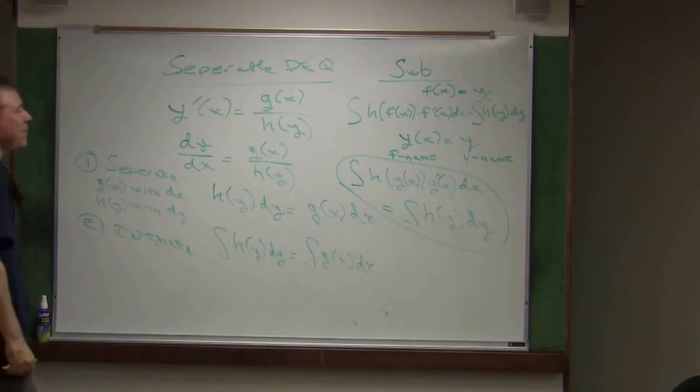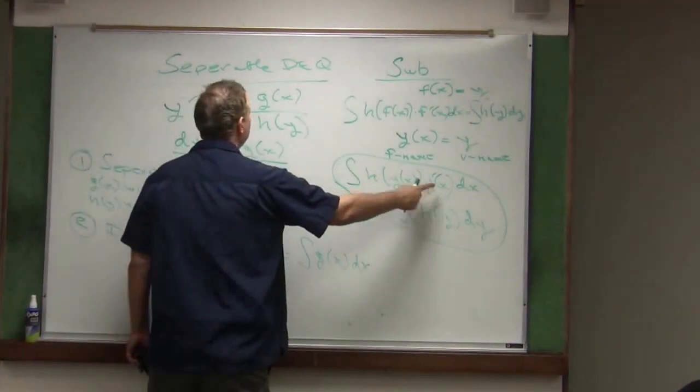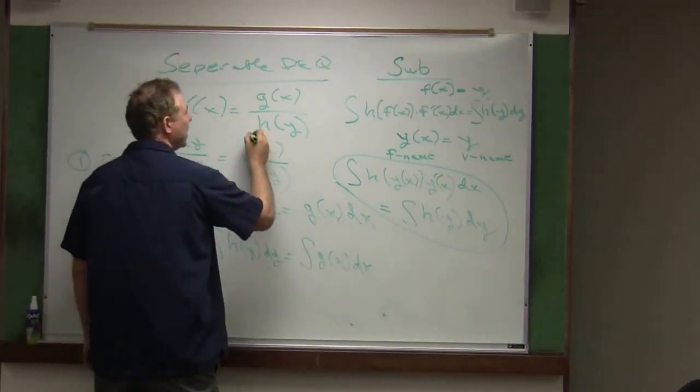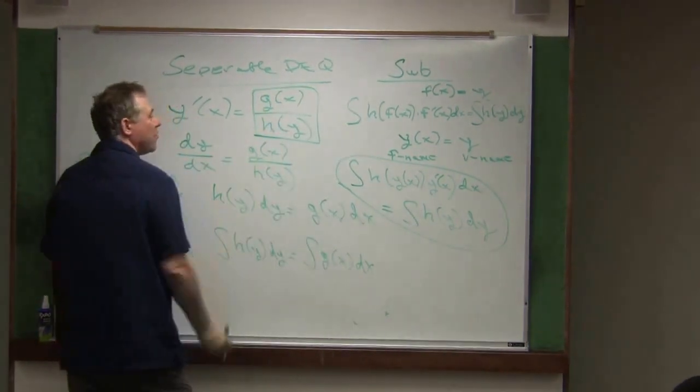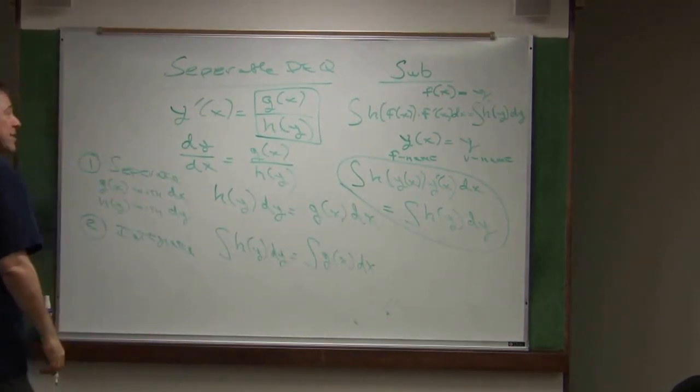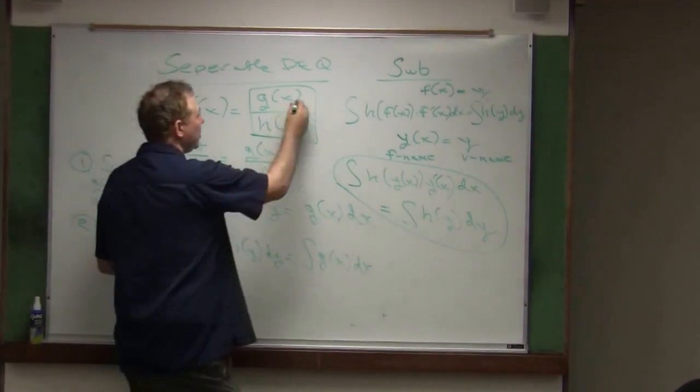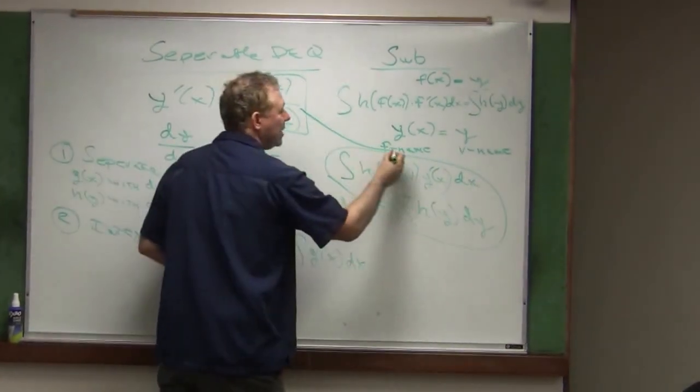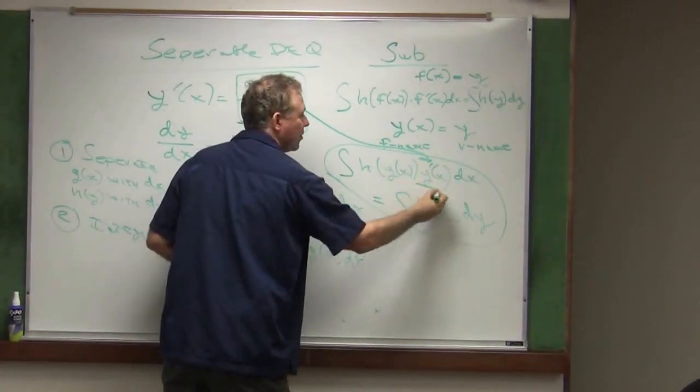However, we have that y prime in the separable differential equation. Y prime is g of x over h of y. So I can substitute g of x over h of y in for the y prime.